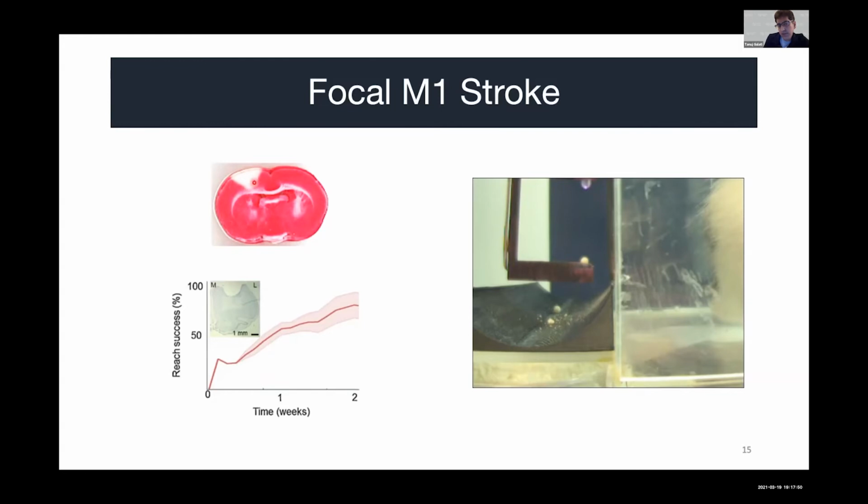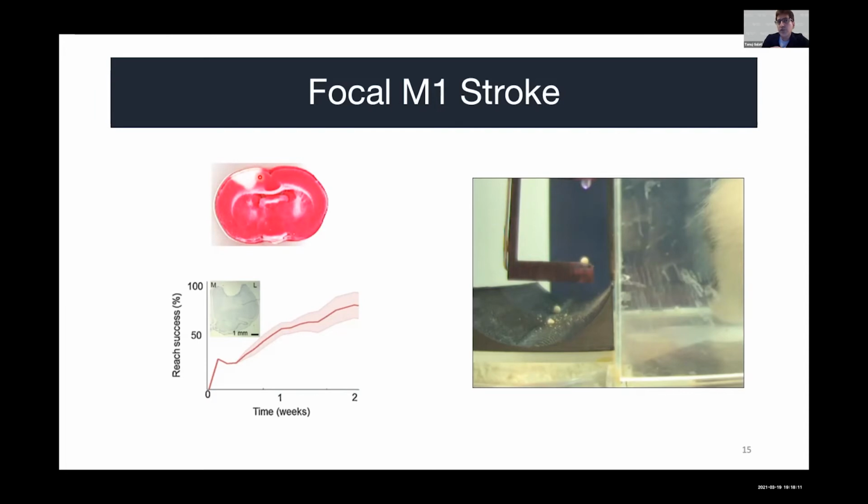In this particular slide, the stroke model is the photothrombotic stroke. In the photothrombotic stroke, we inject rose Bengal dye into the bloodstream of the rat through femoral vein cannulation. And this is a photoactive dye. Then if we shine light of a particular wavelength over any region of the brain, we can cause micro-occlusion in the vessels there.